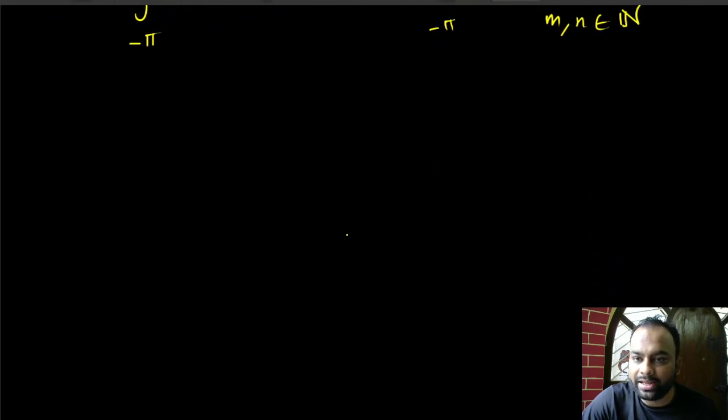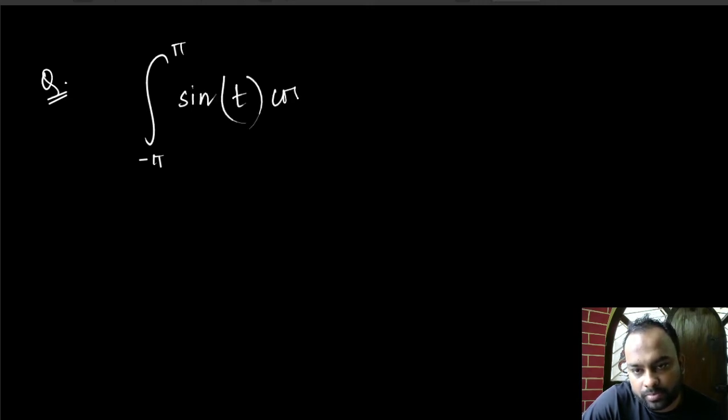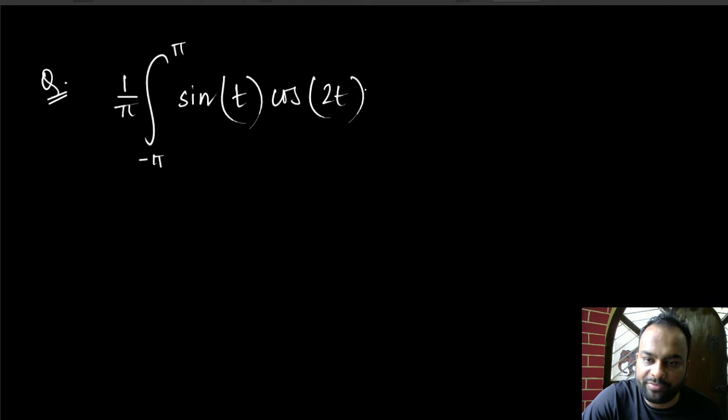So with that said, now let me ask you a few simple questions once more. So what is this integration? I'm writing a few integrations, and please let me know if you can follow them.